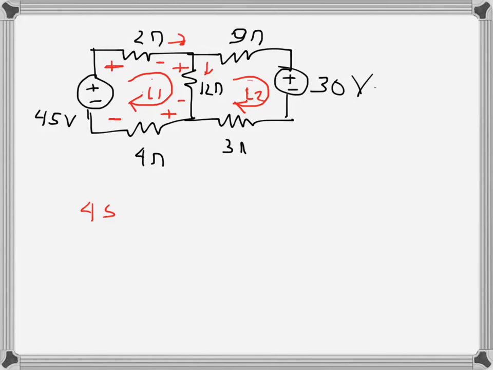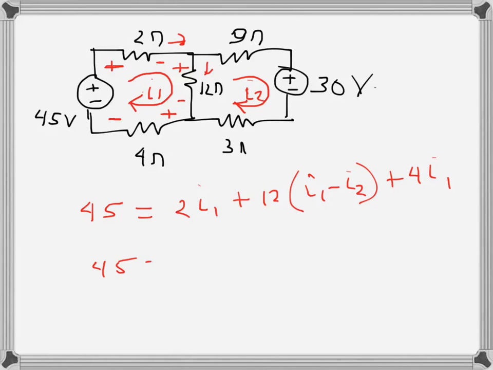So 45 is a rise going in the counterclockwise direction, and then 2I1 plus 12(I1 minus I2), and then 4I1. So 45 equals 18I1 minus 12I2.